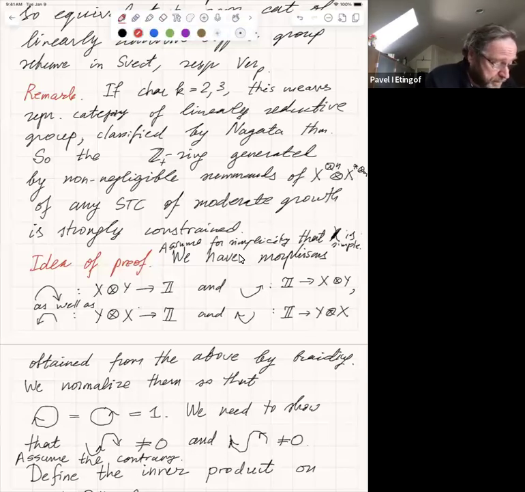And then we have morphisms, which are denoted by these arcs, from X cross Y to 1, and from 1 to X cross Y, and from Y cross X to 1, and from 1 to Y cross X. The first two exist because 1 is a direct summand in X tensor Y, and the other two are obtained from the first two by applying braiding.